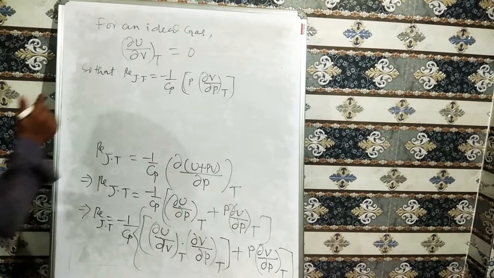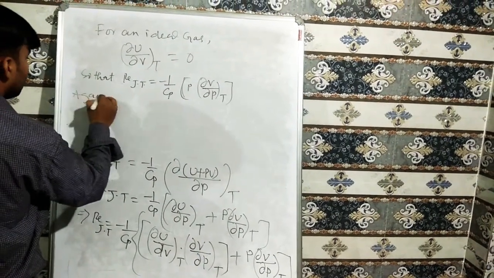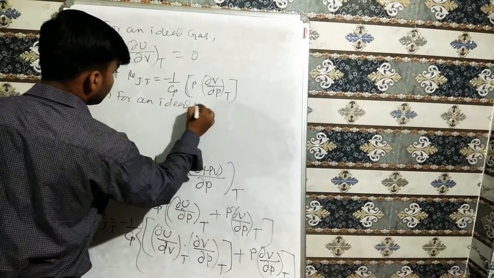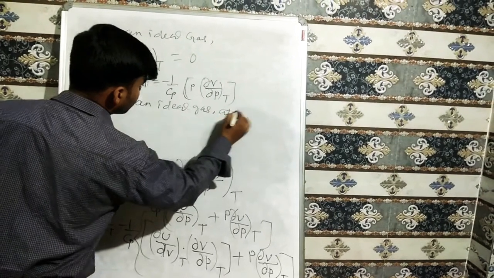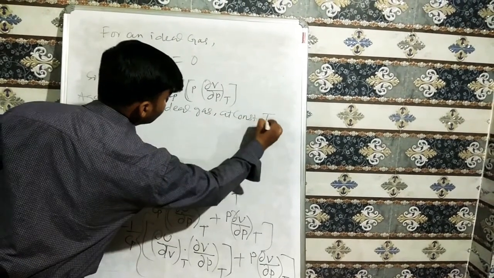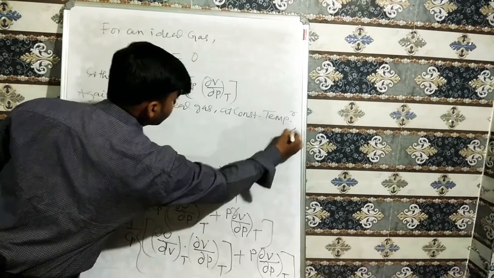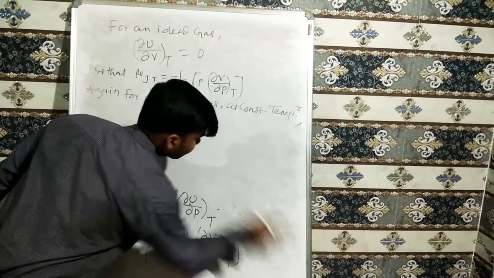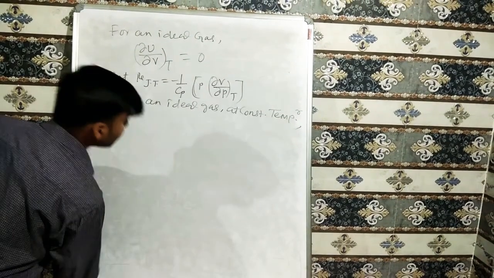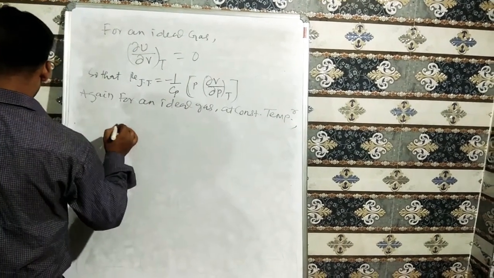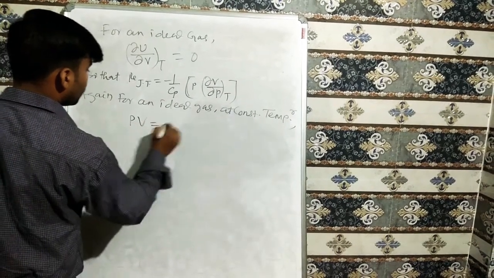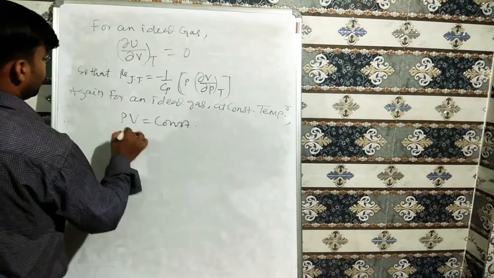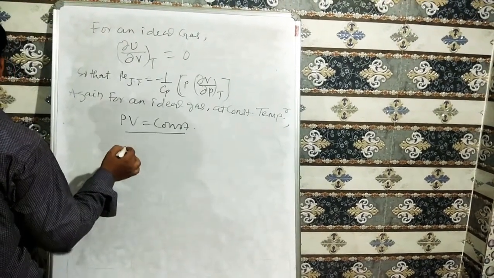But for an ideal gas, again, at constant temperature, PV is equal to constant. Yes, for an ideal gas at constant temperature, we know PV is equal to constant.